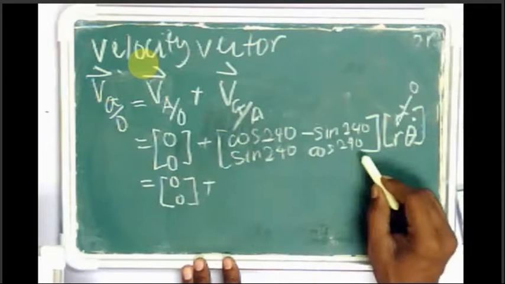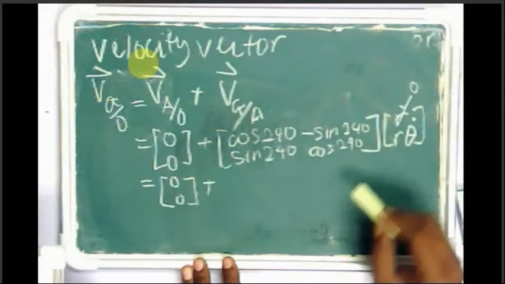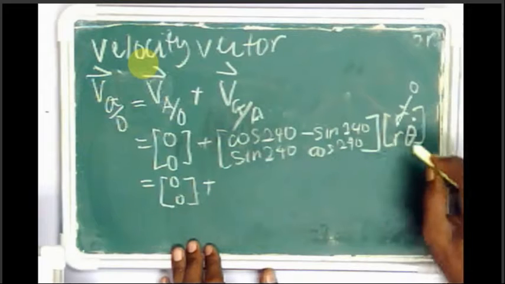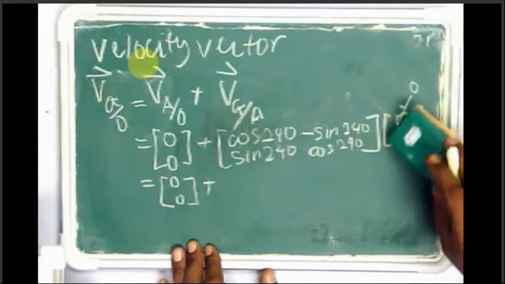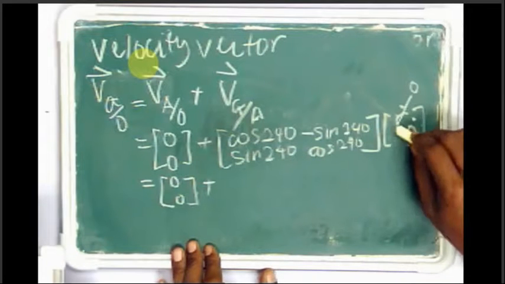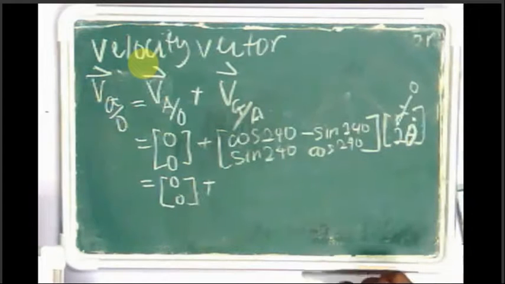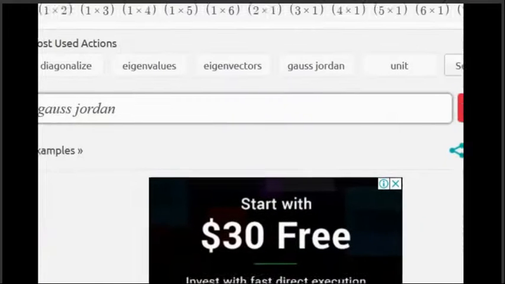Just now we have done the calculation when we multiply with r dot here. This one will give a value of 2, right? 2 theta dot there, and I'm going to use the Symbolab software to calculate the values.